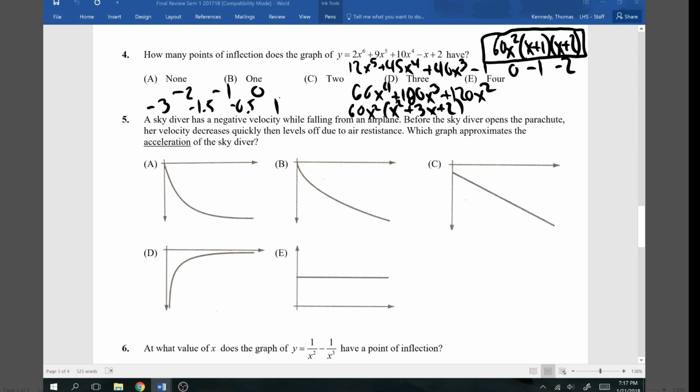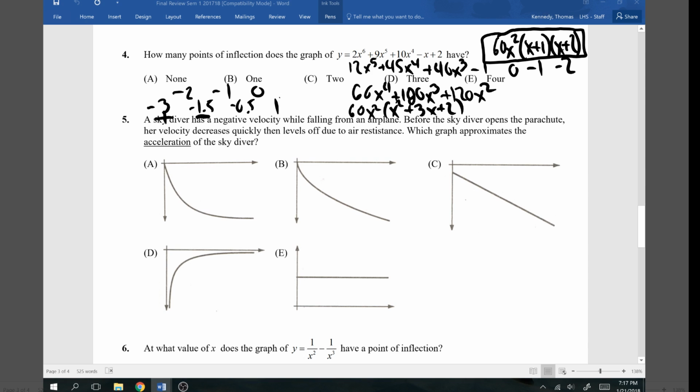Because if you plug in -3, both of the parentheses are negative, so negative times negative is positive. And if I plug in -1.5, it makes only one of the parentheses negative, the x plus 1 one, and so that's negative. And so it changes there, that's an inflection point, so that's 1.